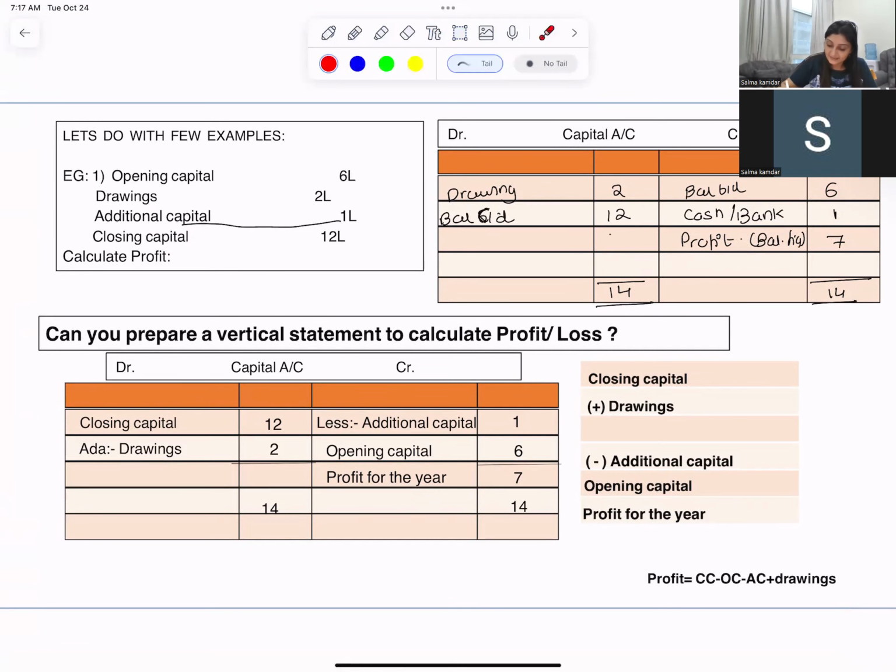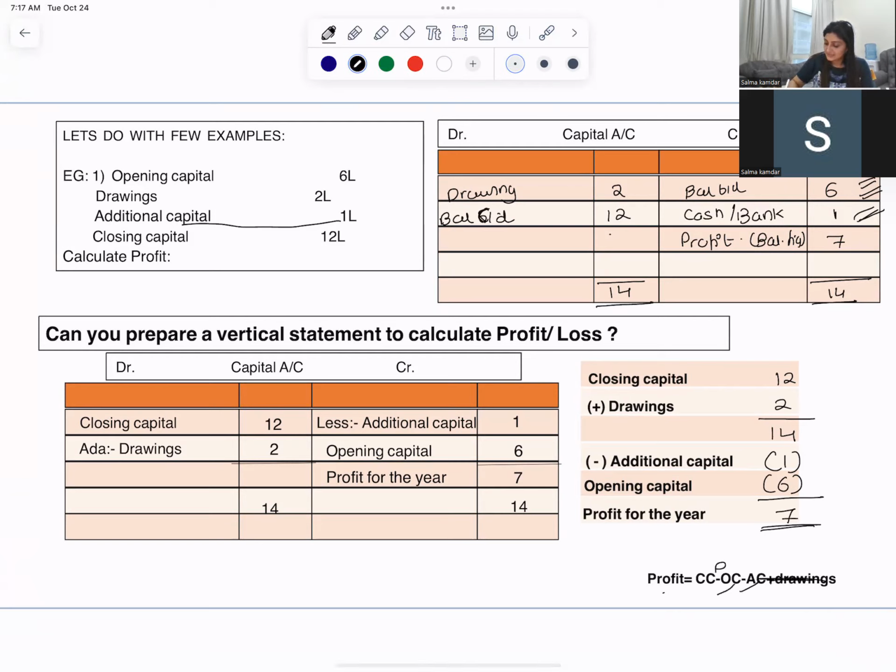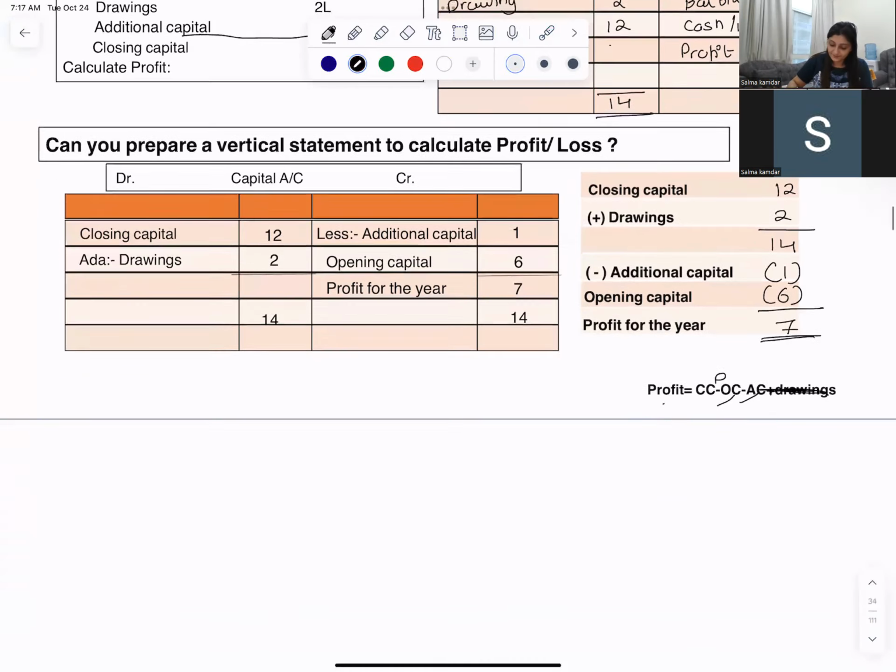My closing capital is 12 and drawings is 2. Closing capital 12, add drawings 2. I get 14, minus additional capital was 1, minus the opening capital that is 6. I will get profit as 7. So profit is CCD minus AC minus OC is equal to P.